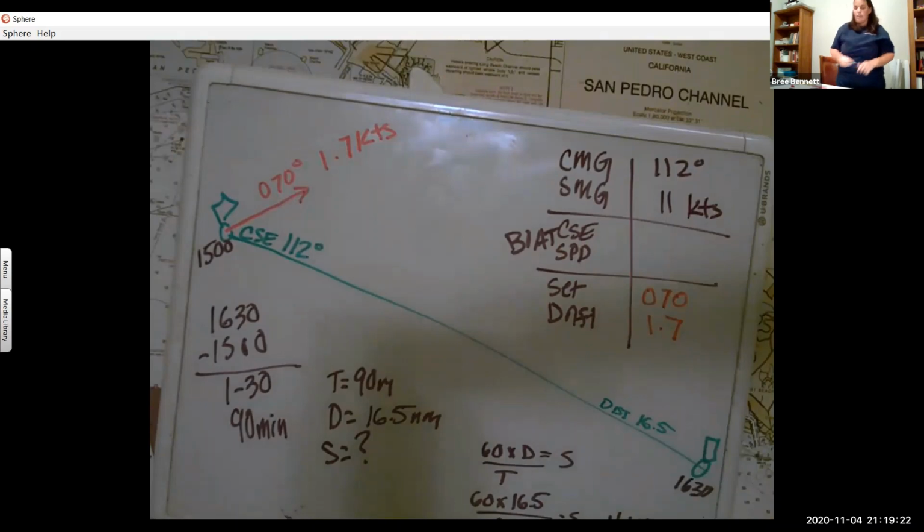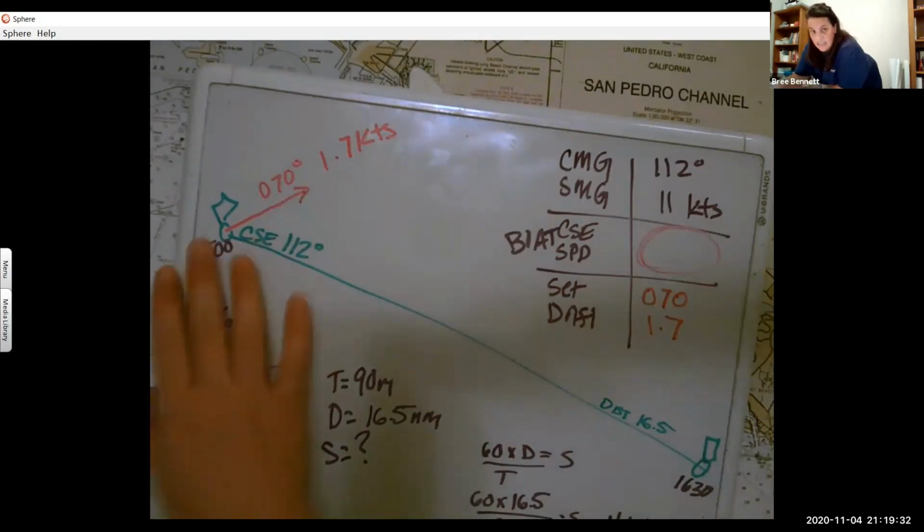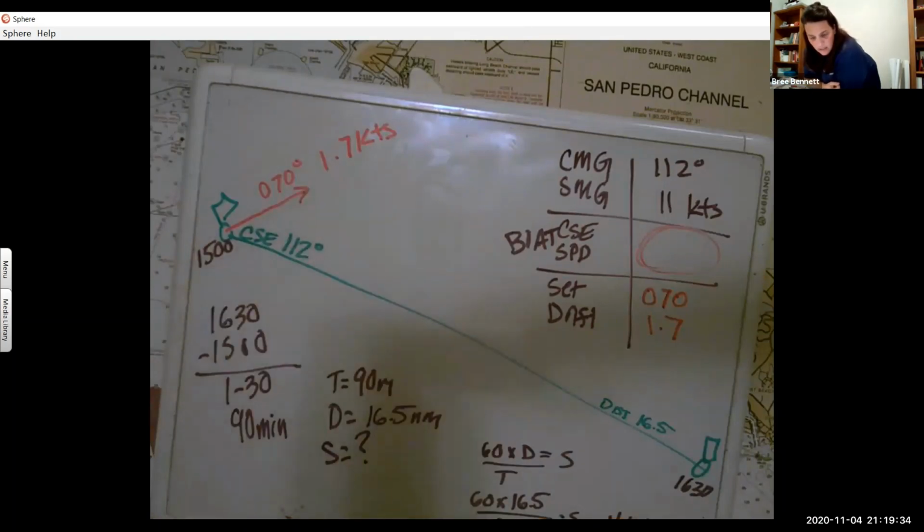So I need to figure out what my boat is doing. This is my big question. So in order to plot my triangle, instead of making it a big giant triangle, I think Milo did it earlier on a vector triangle, is go back to setting it on the hour, because this is at 90 minutes.